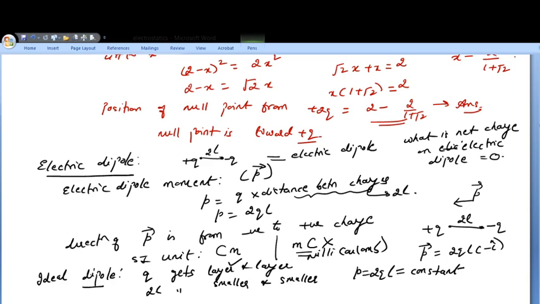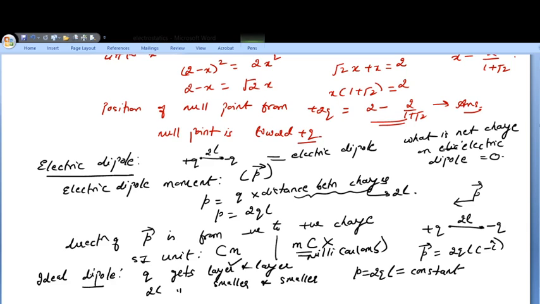So when you talk of ideal dipole, it means your charge is very large, the distance between them is very small, still you find that P is equal to 2qL is well defined, it is constant. So this is known as ideal dipole.